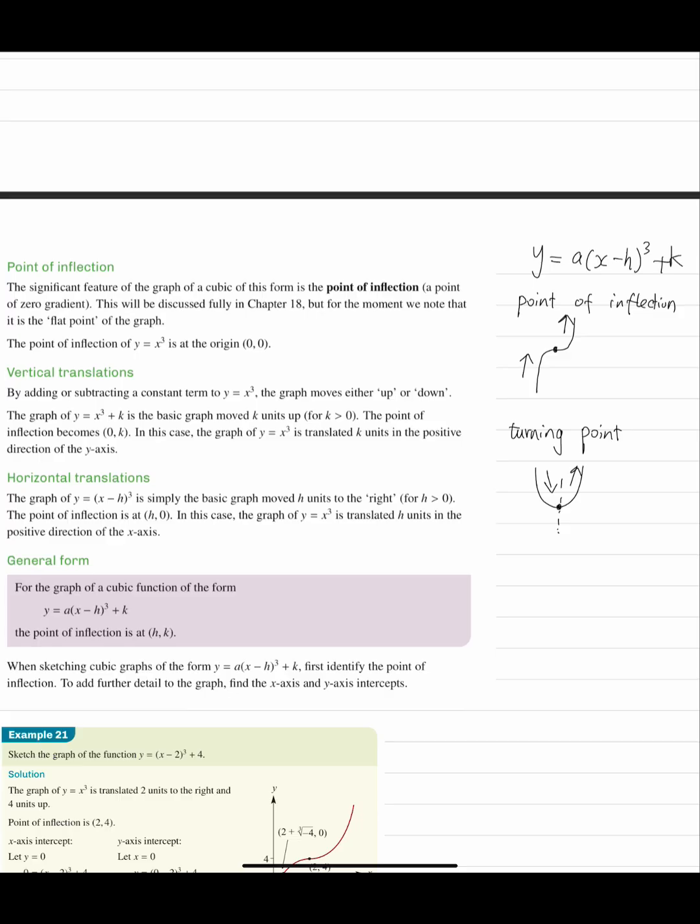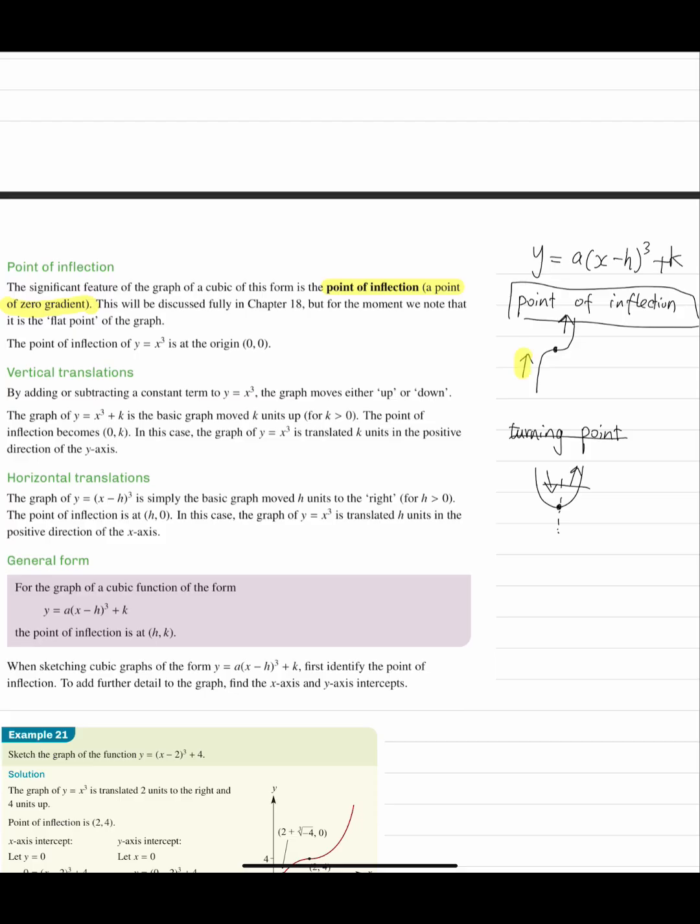So for the cubic at this stage, the simplest form does not have a turning point, but a point of inflection. As I have mentioned, we will discuss it fully in chapter 18, which is calculus. We're not going to discuss that in detail now because you need calculus knowledge to explain this. All you need to know, according to the textbook, is that the significant feature for our simple cubic function is the point of inflection, which is a point of zero gradient.